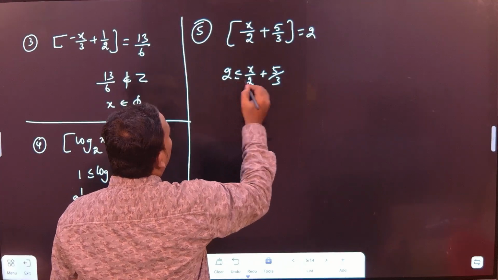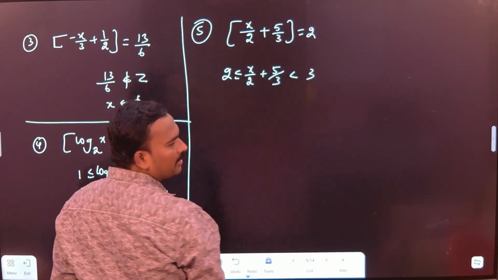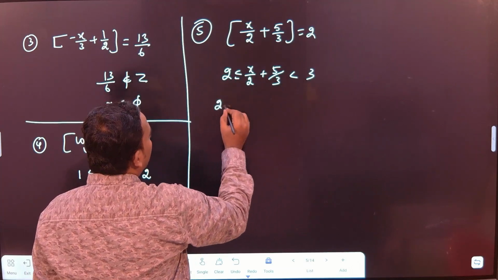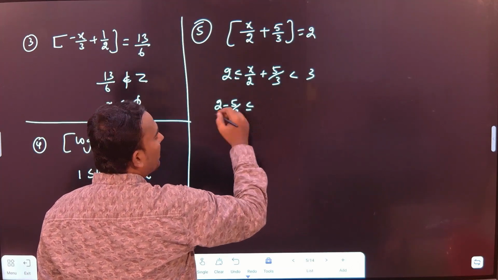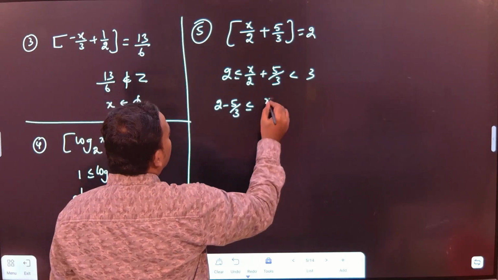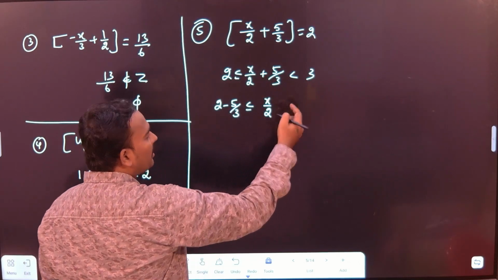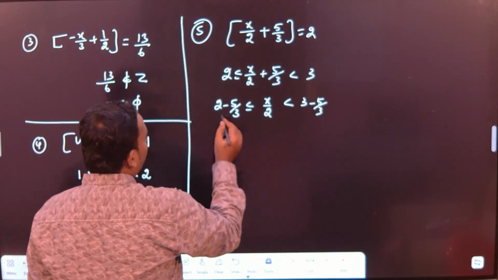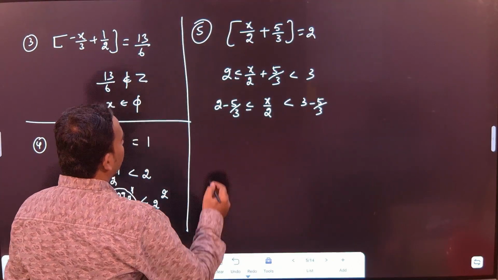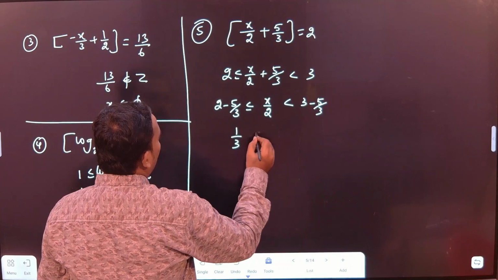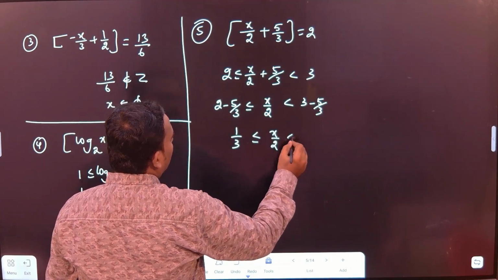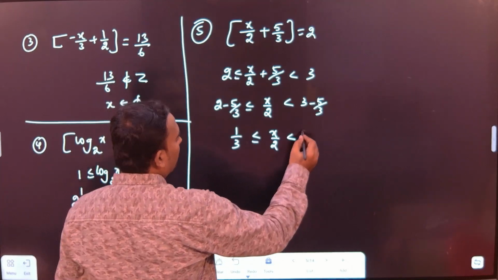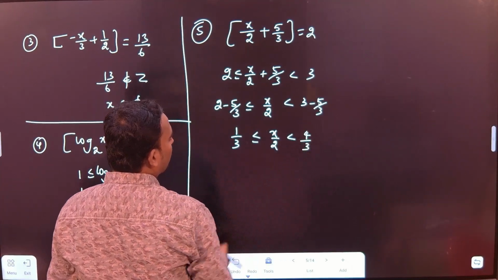So from 2 to 2 plus 1, which is 3, right? So we need to remove the plus 5 by 3. You can add minus 5 by 3. So x by 2 plus 5 by 3 minus 5 by 3 will be cancelled. So 2 minus 5 by 3, 3 into 2 is 6 minus 5, it is 1 by 3, less than or equal to x by 2, less than 3 minus 5 by 3. 3 into 3 is 9, 9 minus 5, that is 4 by 3, right?